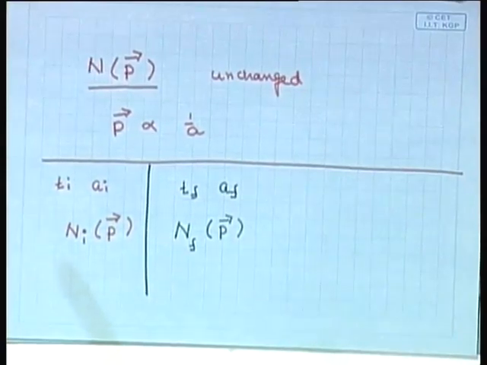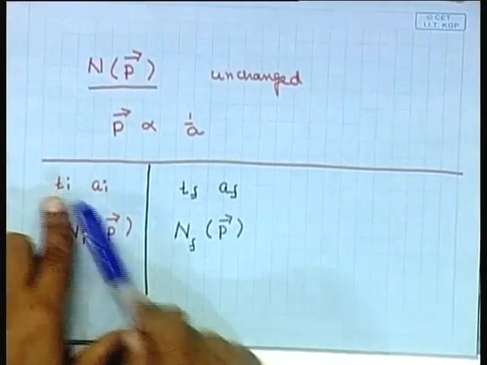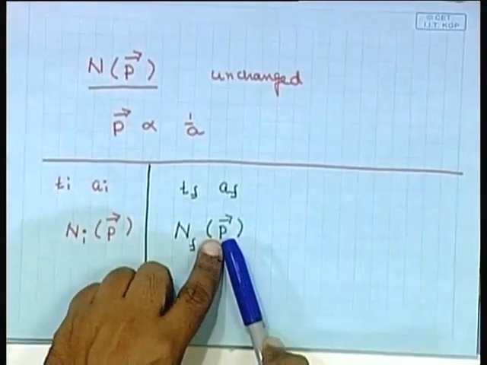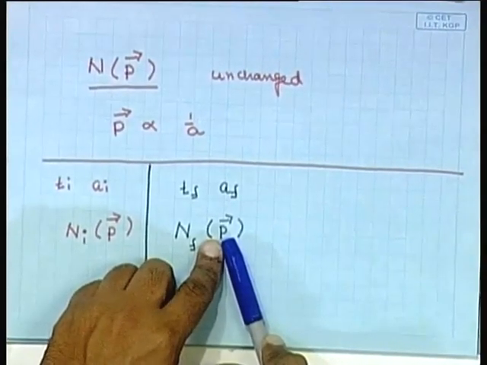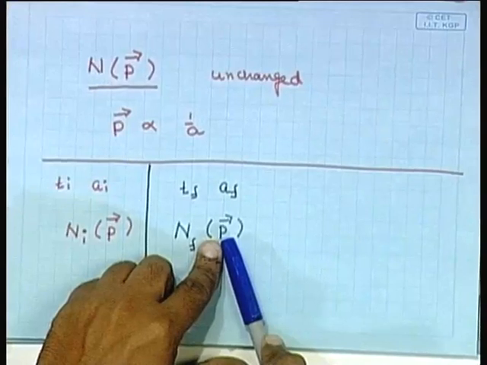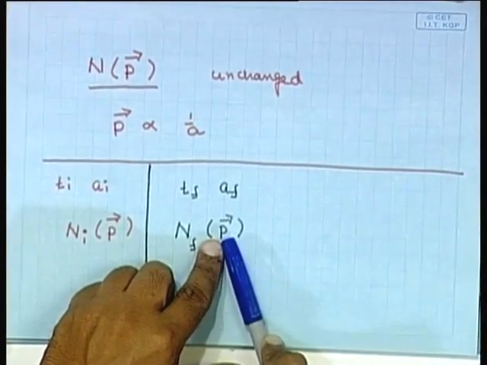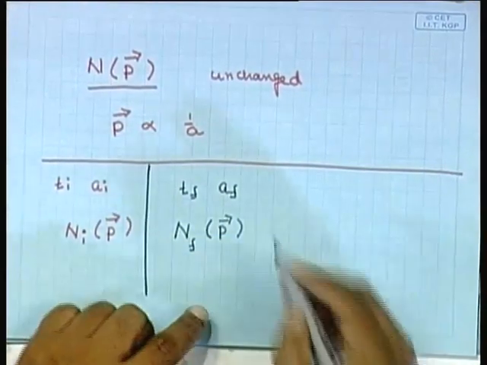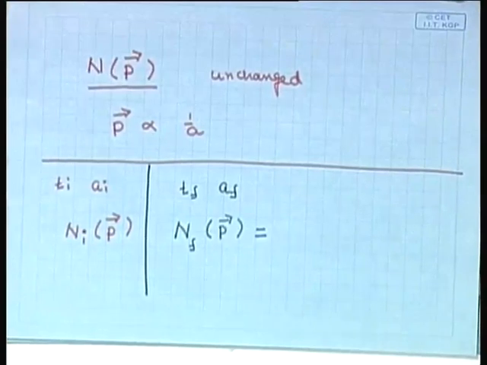Now, at the initial time t_i, what was the momentum corresponding to this mode, this particle? The momentum was different. But the particles have neither been destroyed nor been created.